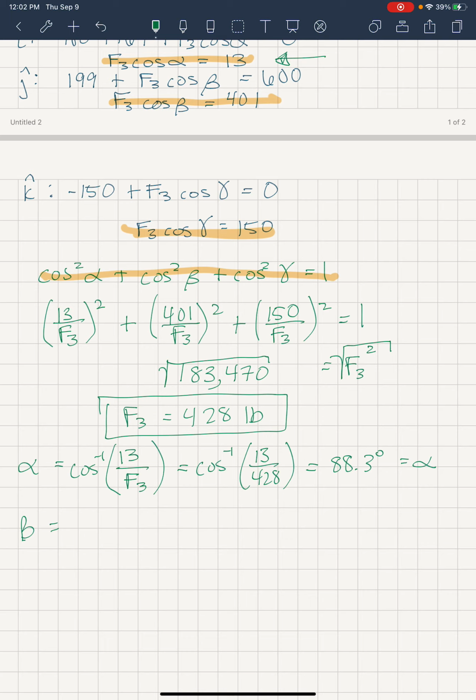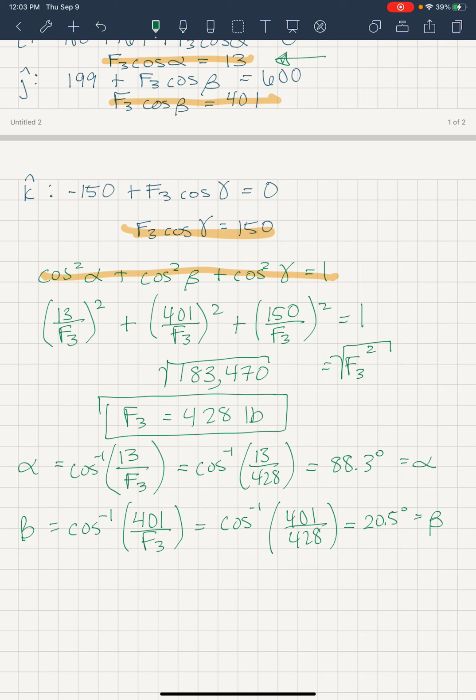Beta, we can do similarly. It's the inverse cosine of 401 over F3. So that's the inverse cosine of 401 over 428. And that'll give us 20.5 degrees. That's our beta.